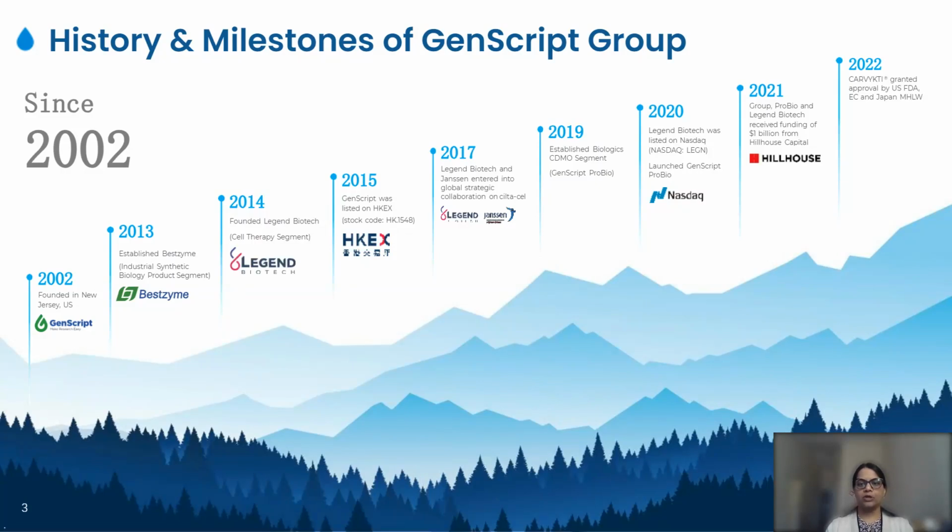In 2014, we launched Legend Biotech, another subsidiary company specialized in cell therapy. In 2019, we launched the GenScript ProBio division, a biologic CDMO service provider. And in 2022, Legend's CAR T therapy received US FDA approval.